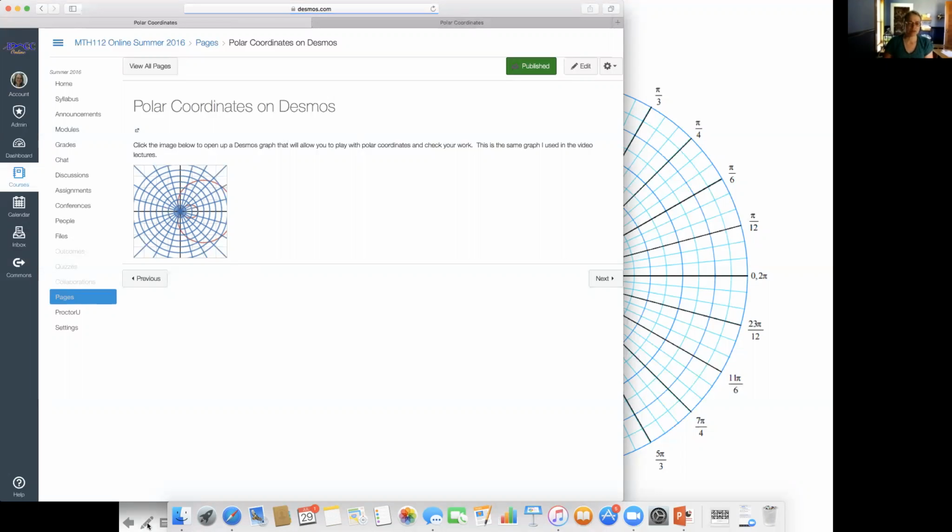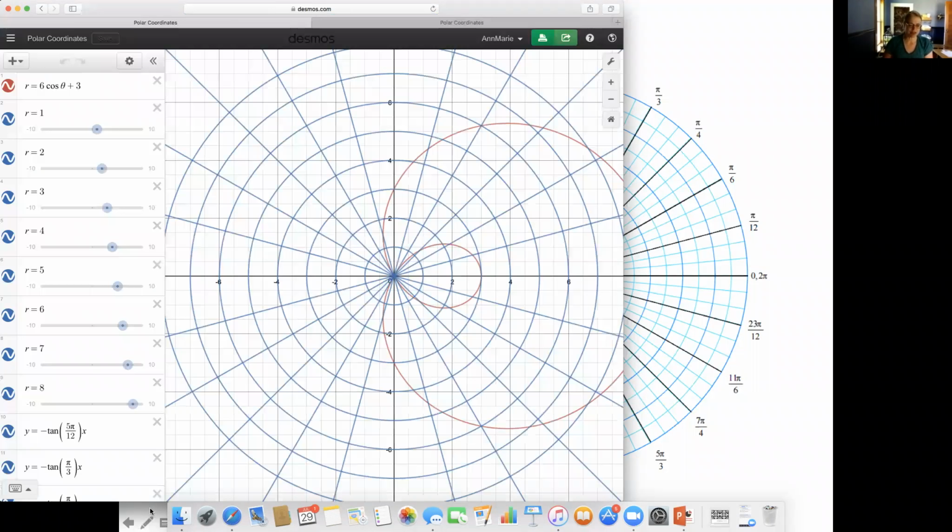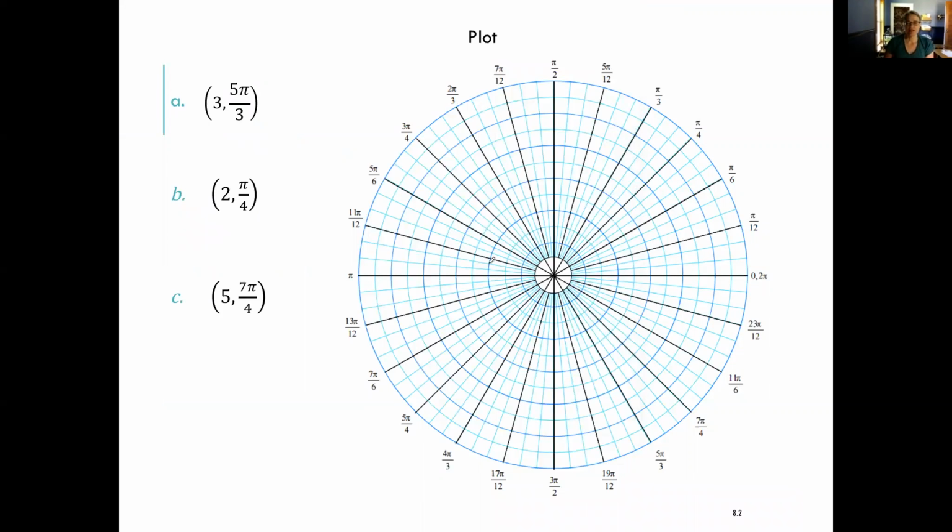But for right now, we're going to figure out how to graph these by hand. The blue circles represent our radius values. This one here is going to be 1, this one 2, 3, 4, and 5. And the numbers out here give us our angles of inclination.